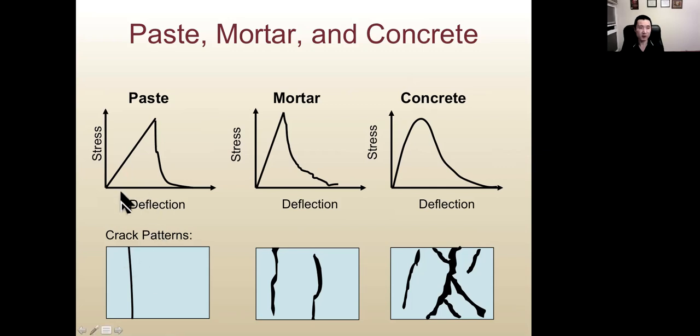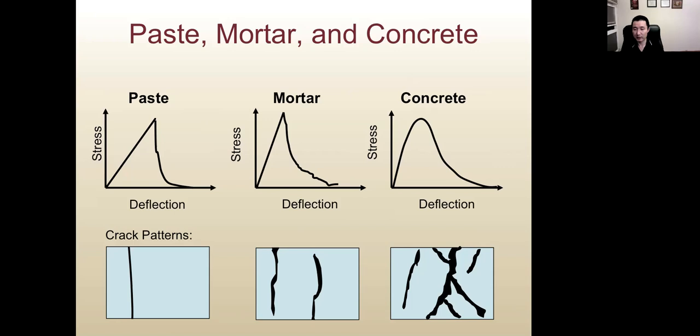The crack pattern for cement paste is almost straight because we only have one homogeneous matrix, the cement paste. For concrete, we have cement paste, aggregate, and also the ITZ. Depending on what is the weakest link, the crack will first generate around the ITZ, or the paste, or the aggregate.